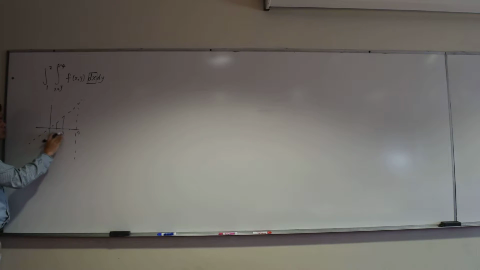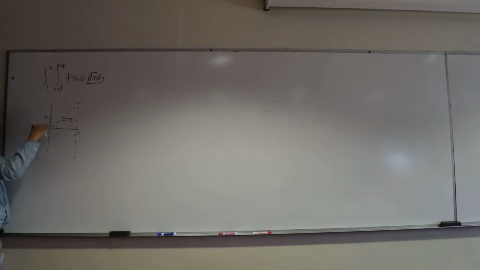Oh, no, that's not right. What am I doing? For a moment, I thought these were x values, but these are y values, right? So what's y? y is 1. y is 2. Okay? And therefore, if you draw the domain that's being integrated, first, dx means you're moving that way, right?